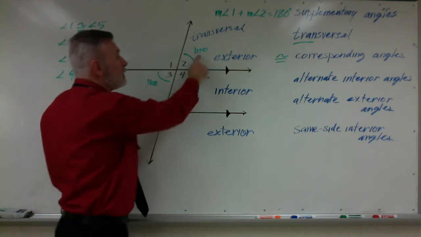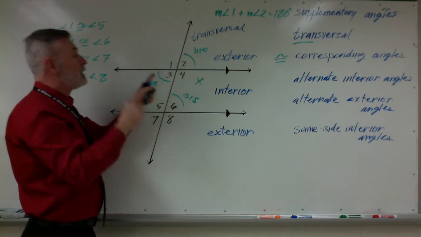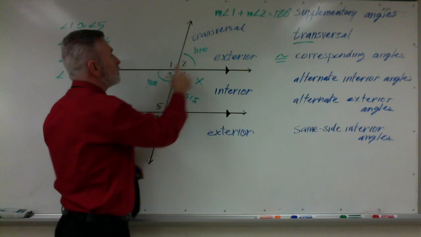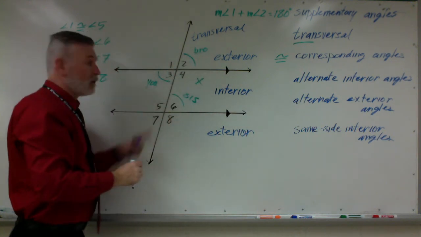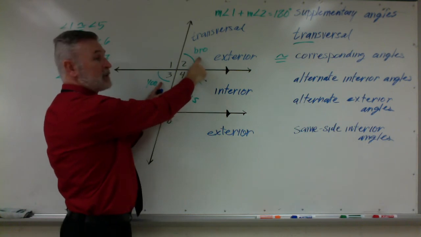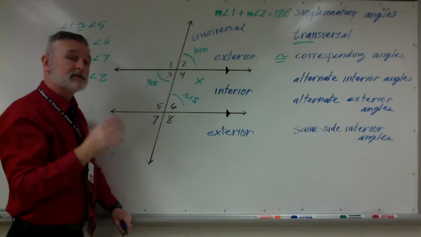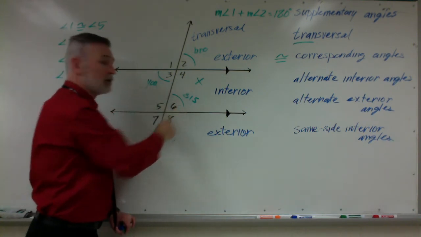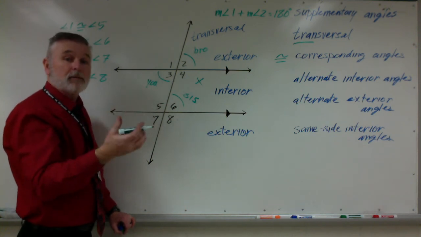Your brother and you also have the same amount of money. So what does that say about you and your sister as far as how much money you have? The same amount.